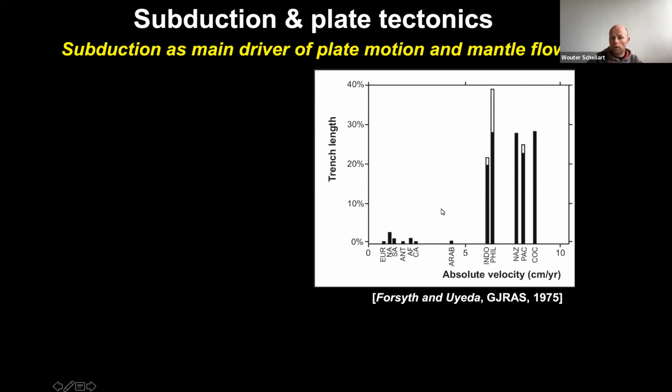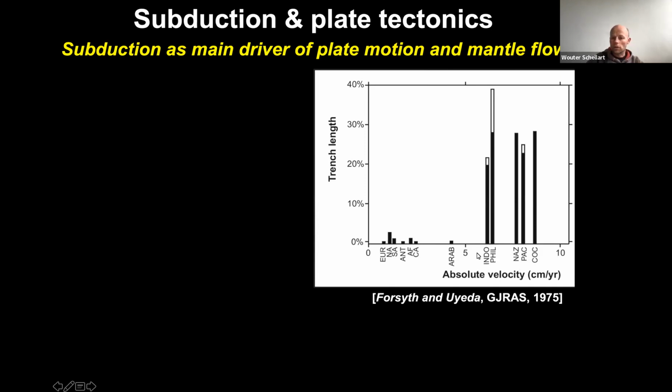So in this diagram, a classical paper from Forsyth and Uyeda from 1975, what we simply see here is the average velocity of the major tectonic plates. So here, for example, we see the Cocos plate and the Pacific and the Nazca plate, Indo-Australian and Philippine plate.